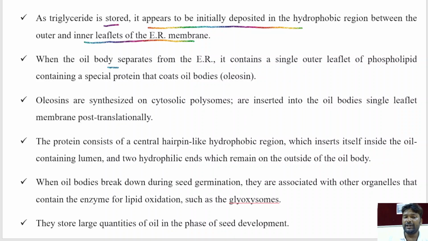When the oil body separates from the endoplasmic reticulum, it contains a single outer leaflet of phospholipid containing a special protein called oleosin. So this is the protein.